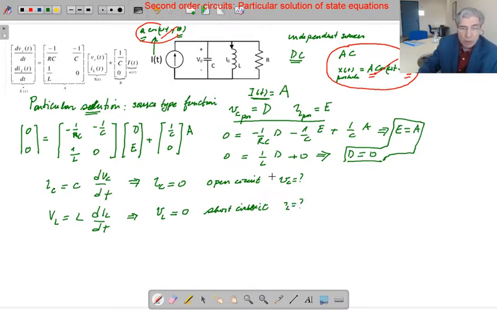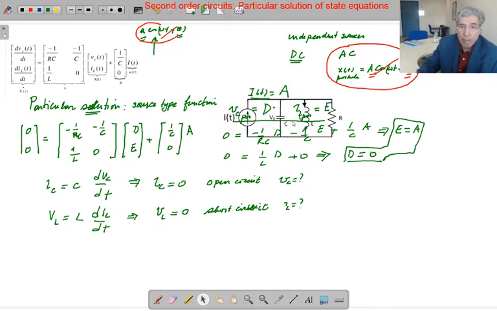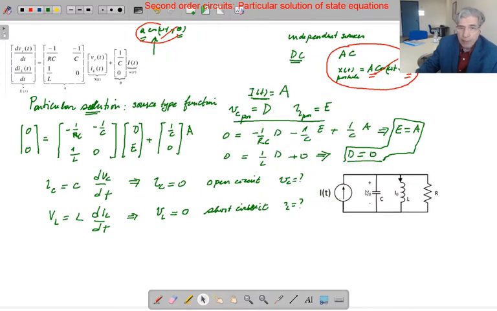We needed that D calculation. But since we've got open circuit and short circuit elements in our circuit, I can change this circuit now. Let me drop this down. When you say that the capacitor current is equal to 0, open circuit, that means, let's make it red color, it is open circuit, so move that out.